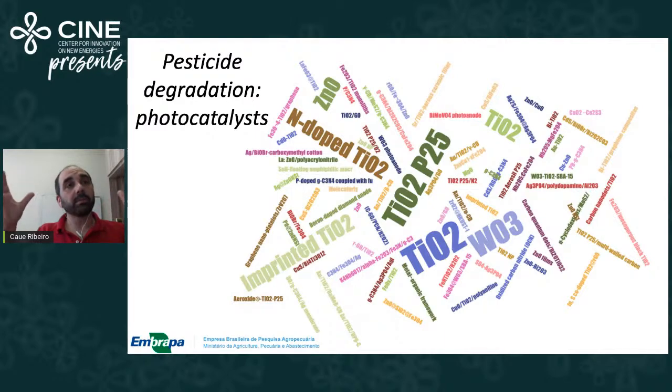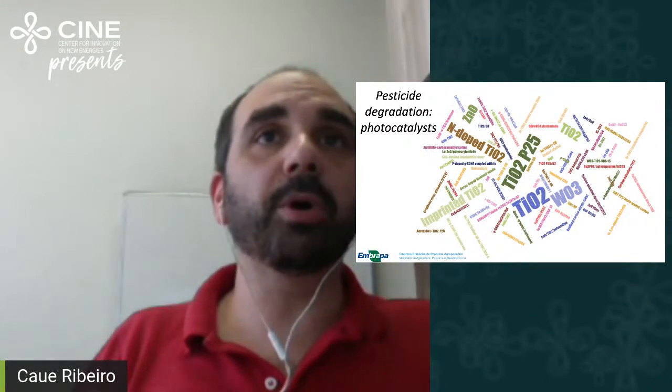Most of them are still used as batch modes, for instance, mixing these nanoparticulated materials in a tank with pesticide and exposing this directly to solar light, where these two reactions take place: the oxidation reaction performed by the production of OH radicals, oxidizing the material, but also the reduction of molecular oxygen, making peroxide, is playing a role.